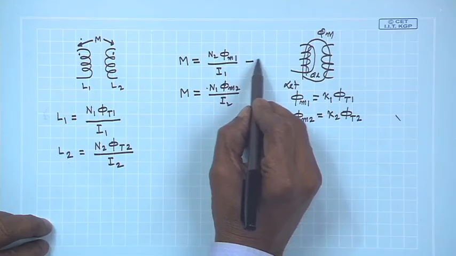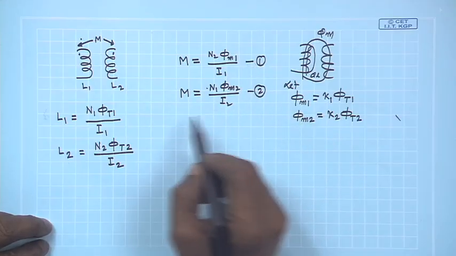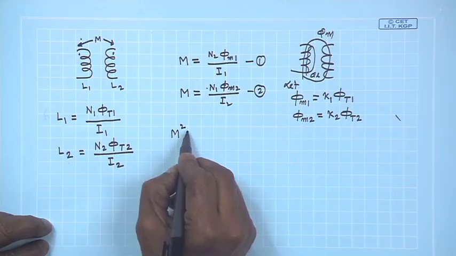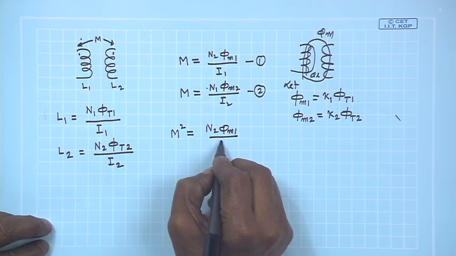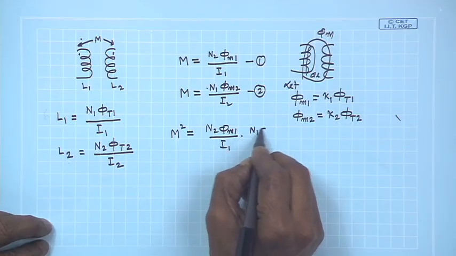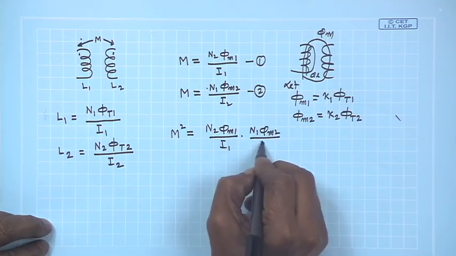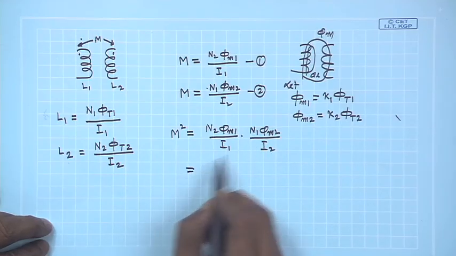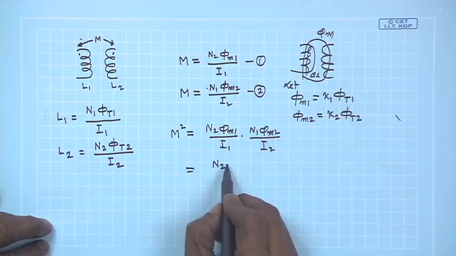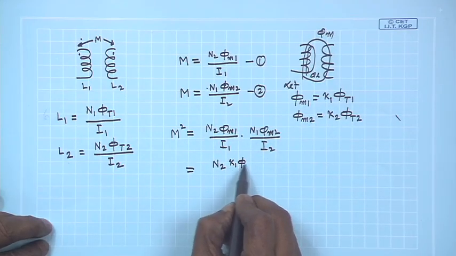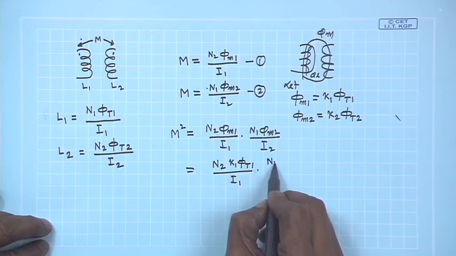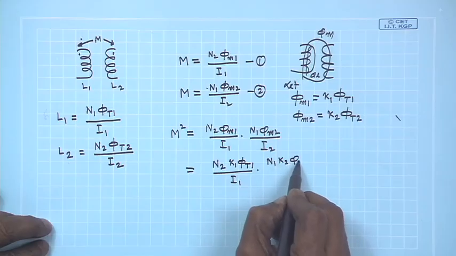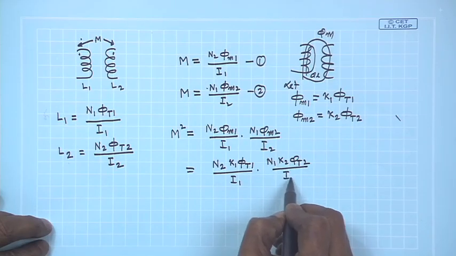Now, what I do with these two equations, you just multiply them, so that it becomes M squared is N2 phi M1 by I1 into N1 phi M2 by I2. Now, for phi M1, it is a certain percentage of total flux, K1 phi T1 by I1 into N1, and phi M2 is K2 phi T2 by I2.